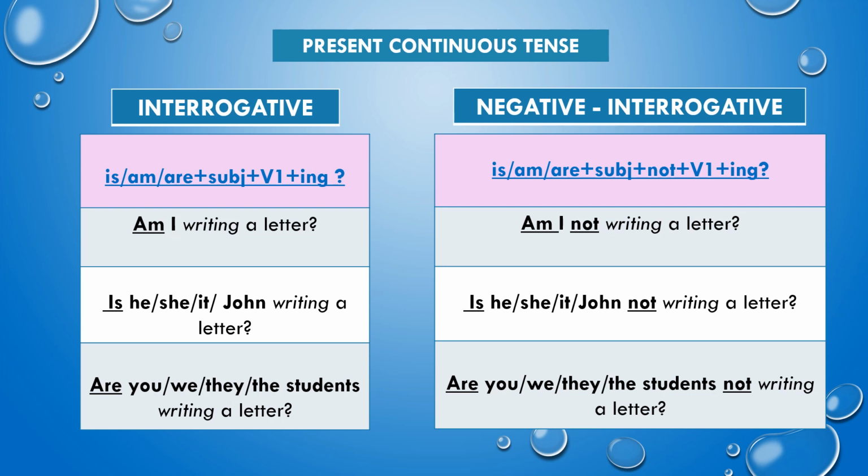In any interrogative form, we have to start the sentence with the word either is, am, or are, followed by the subject and the word not and the verb by adding ing to it and the object, and closing that sentence with a question mark.